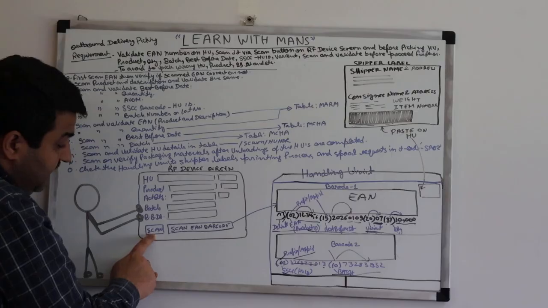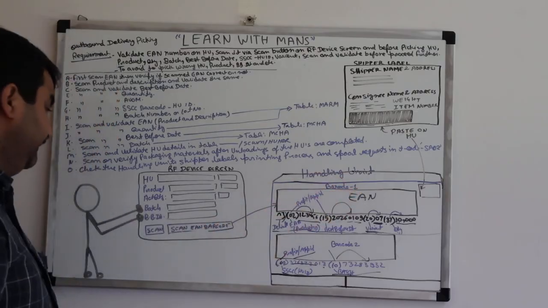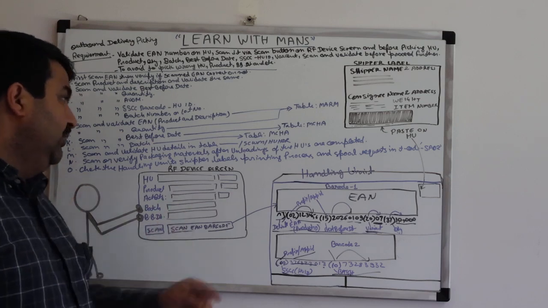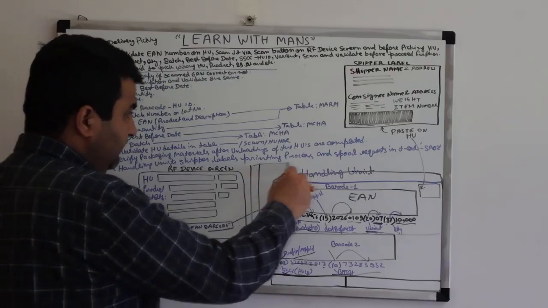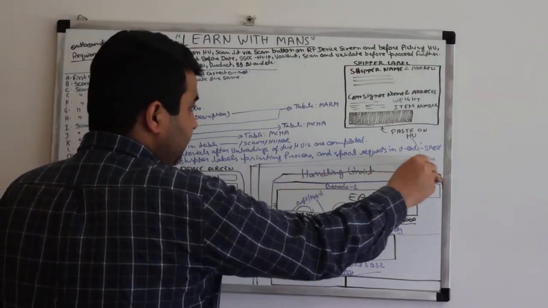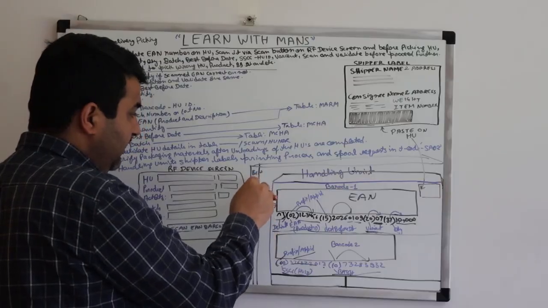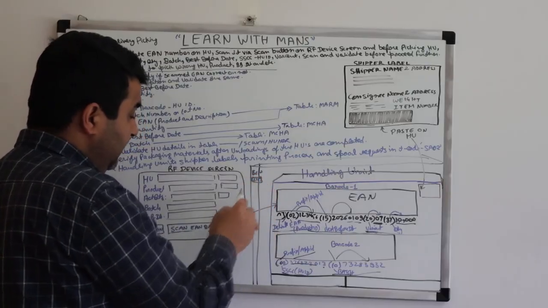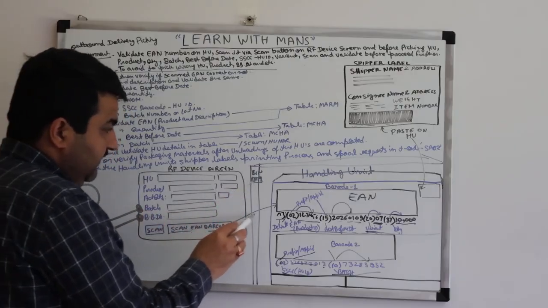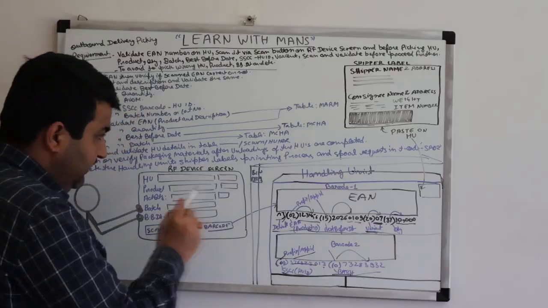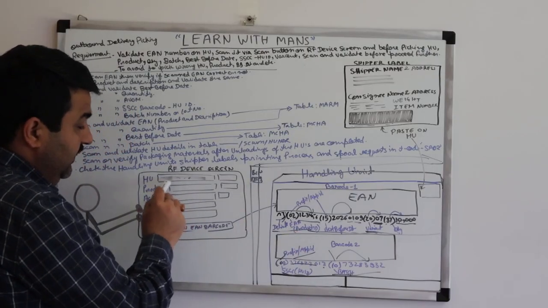Then he will click on the scan button and scan this EAN barcode. Now suppose he is going to scan the bin. This is the storage bin inside which we have the handling unit. We have the bin number, and specific barcodes on the bin. So first he will scan the bin, then he will scan the handling unit, and when he scans the handling unit, the detail will be captured here.